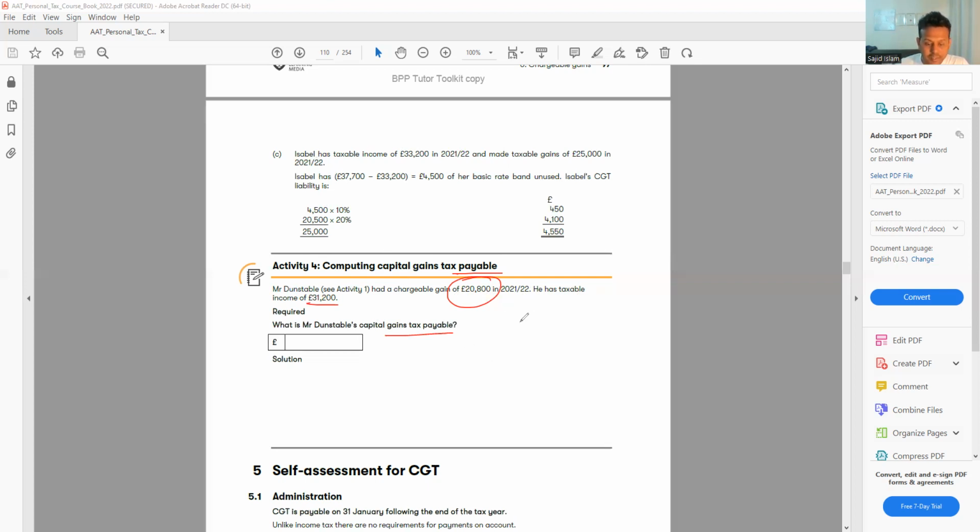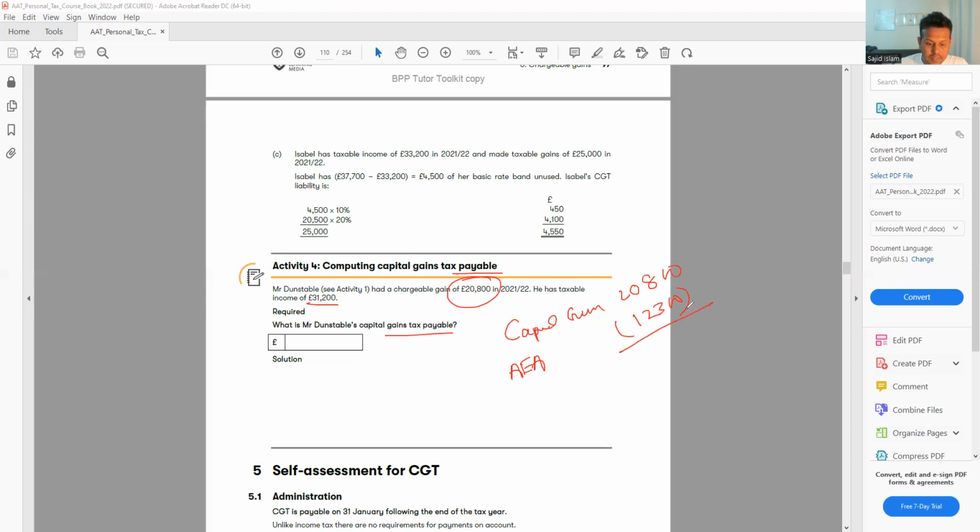So chargeable gain. So we said capital gain, we have 20,800. This is my capital gain. And we have to minus the annual exemption because we don't have any current year loss. So we have AEA, annual exemption, 12,300.